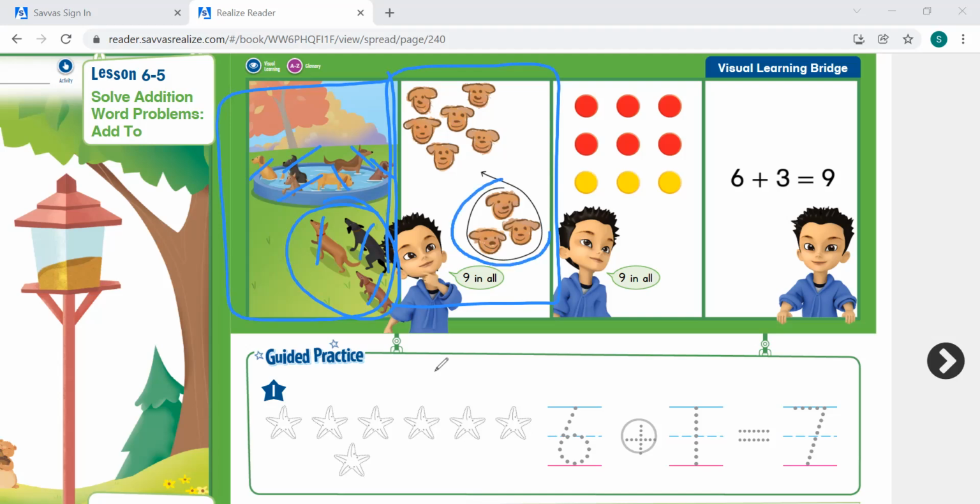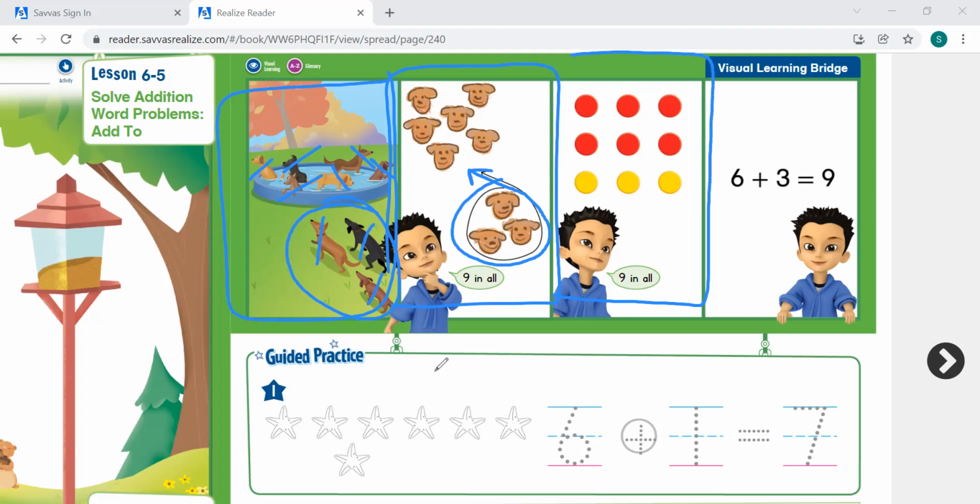So these 3 are going to join this other group. They're pointing the arrow to them. So how can we find out how many dogs there are in all? We can count all the dogs in the picture.